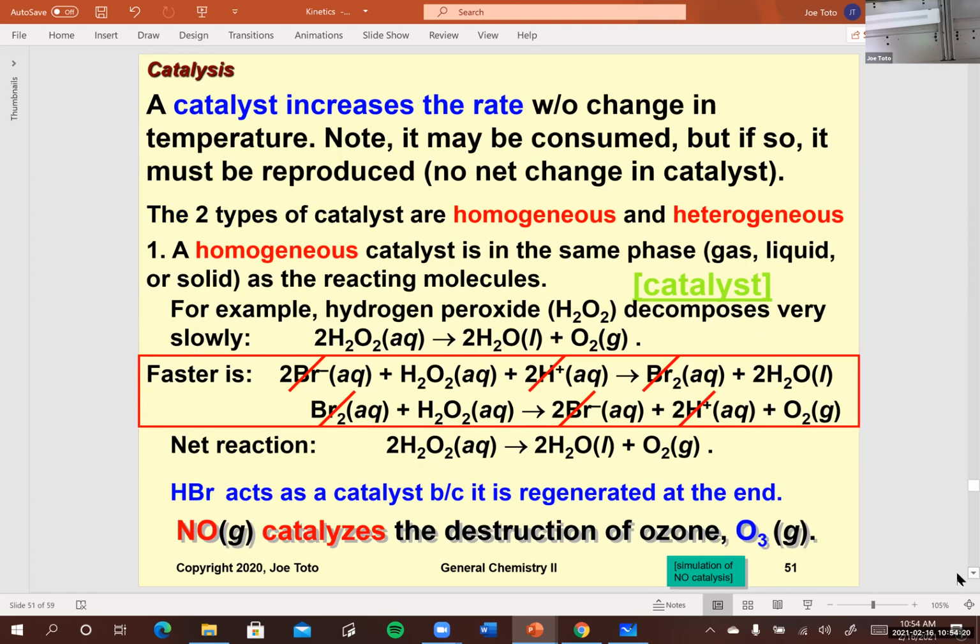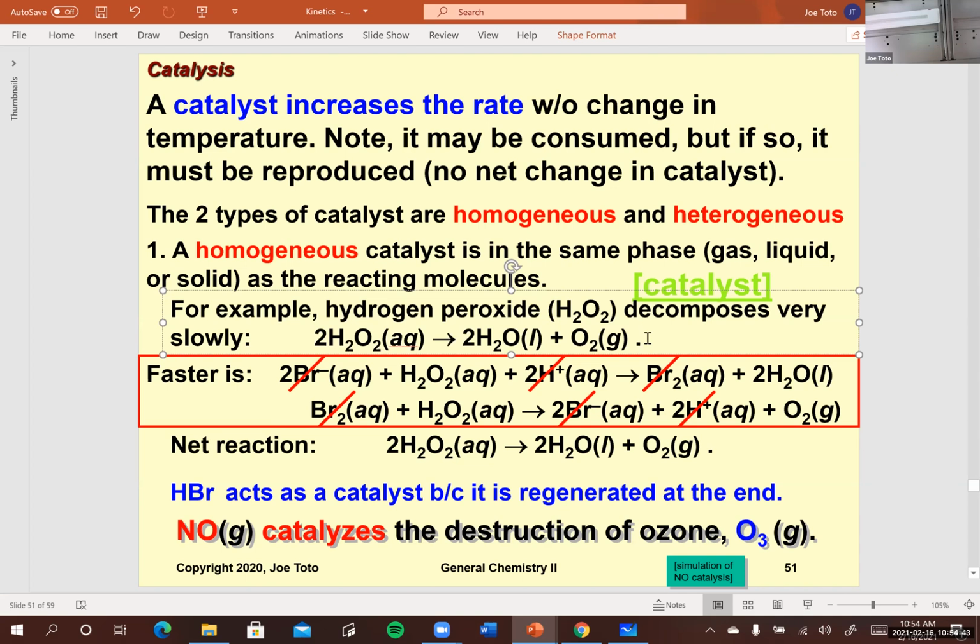This slide here talks about a catalyst. So here I have some reaction, and it has an activation barrier, and it's a one-step mechanism. So there it is. There's the mechanism. It's the decomposition of hydrogen peroxide, and it's very slow.